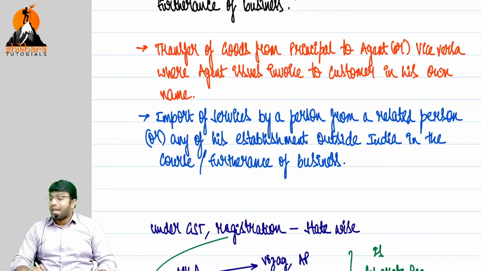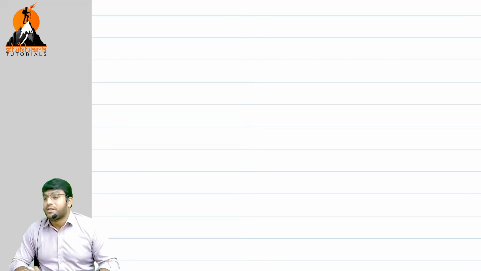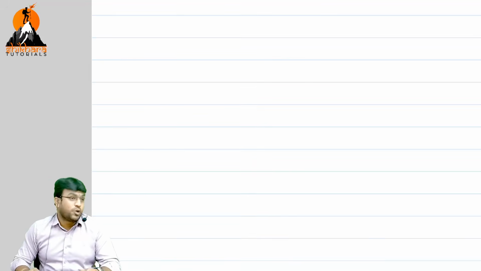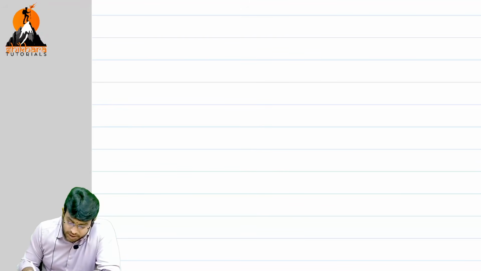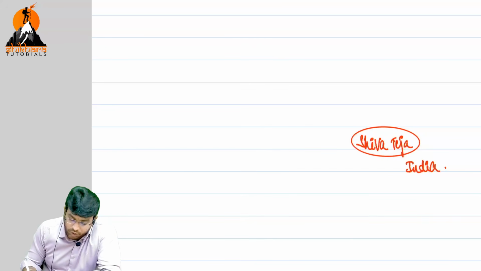Are we getting clarity on this point? Let me explain that to you with a wonderful example, very clearly, please concentrate. There is a person, Shiva Teja, who is in India.